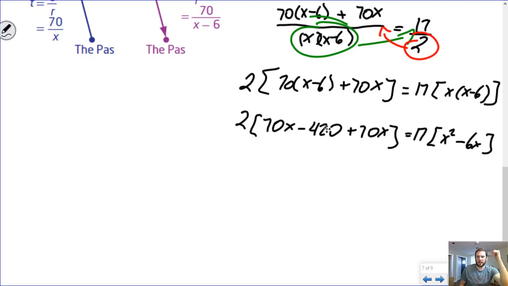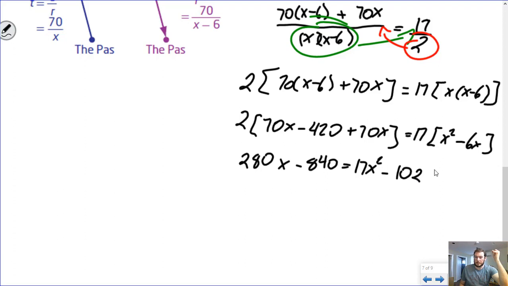Okay. Now I can add the inside, multiply the 2, so 70x plus 70x is 140x. 140 times 2 is 280x. 420 times 2 is 840. 17 times x squared is 17x squared, and 17 times negative 6x is 102x. Let's see, 10 times 6 is 60, 7 times 6 is 42, 60 plus 42, yeah.